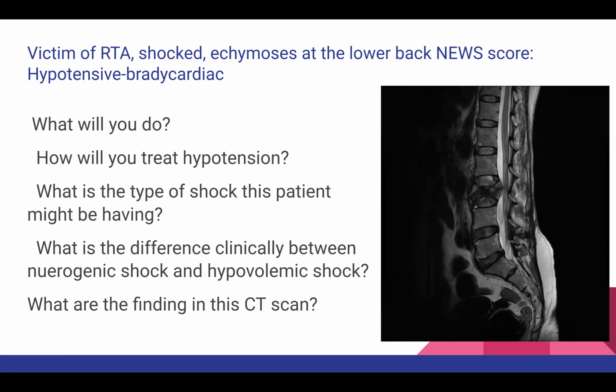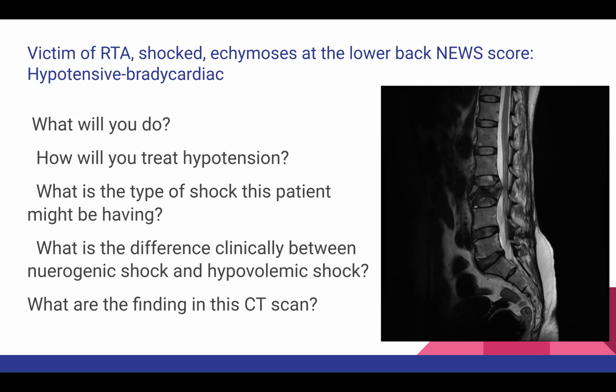Can you clinically differentiate between the neurogenic shock and the hypovolemic shock? Yes, sir. In neurogenic shock, there will be bradycardia. In hypovolemic shock, there will be tachycardia. In both shocks there will be decreased blood pressure, and in neurogenic shock the extremities will be warm. In hypovolemic shock, the extremities will be cold.